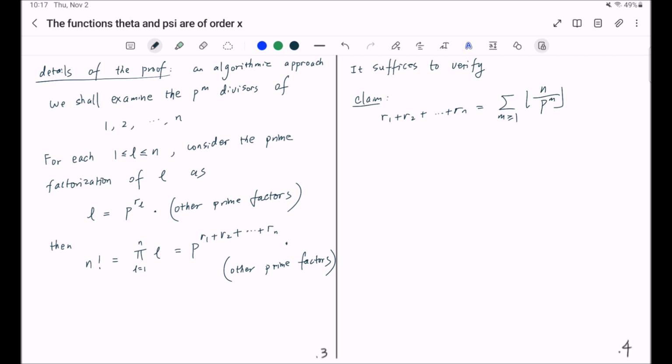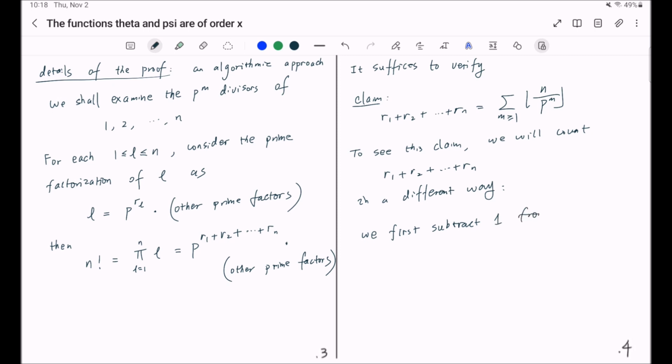Now to see this claim, we will count the sum r1 plus r2 plus ... plus rn in a different way. And this way will be our algorithm, the so-called algorithm. What we do is that we first subtract 1 from each of r1 through rn that are at least 1.